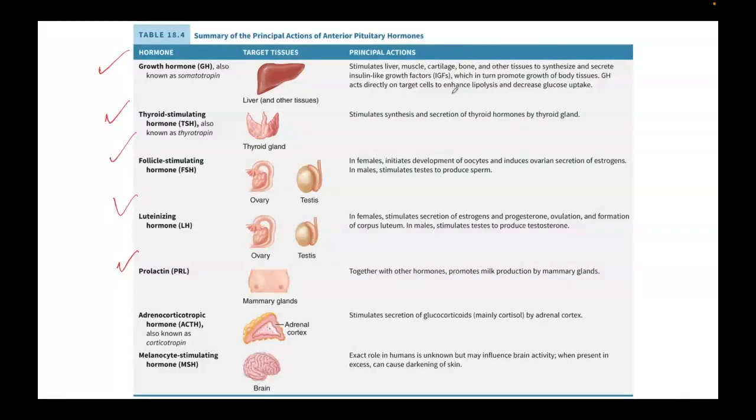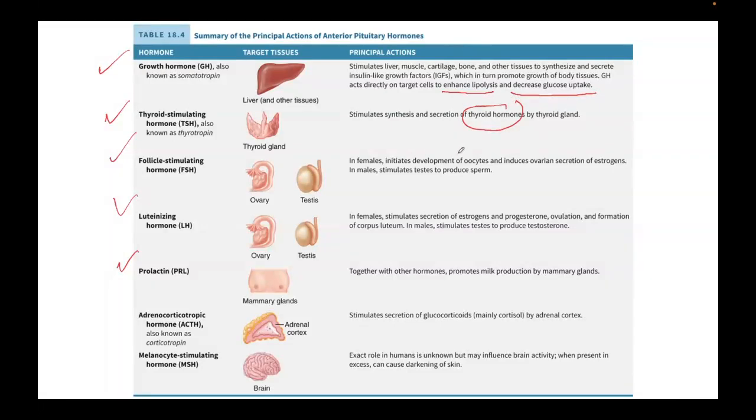Growth hormone acts directly on target cells to enhance lipolysis and to decrease glucose uptake. This means to enhance the breakdown of fat and decrease the sugar storage. Thyroid stimulating hormone is going to stimulate the synthesis and the secretion of thyroid hormones for your metabolism.